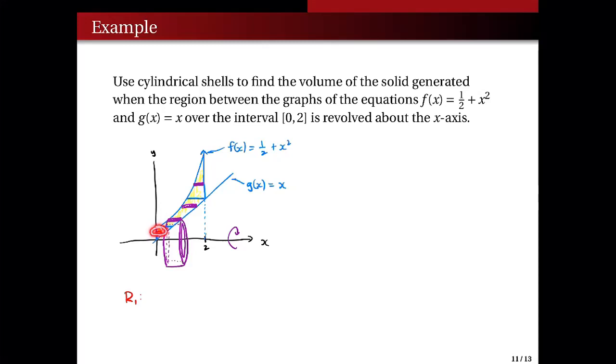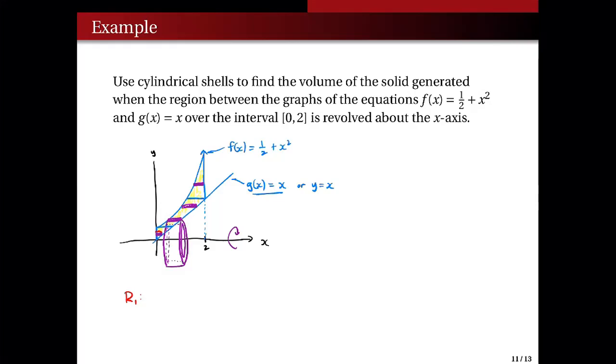So this guy here, that's your height. It's from this line going to this vertical line. The line here, it's y equals g of x, or it's your line y equals x.